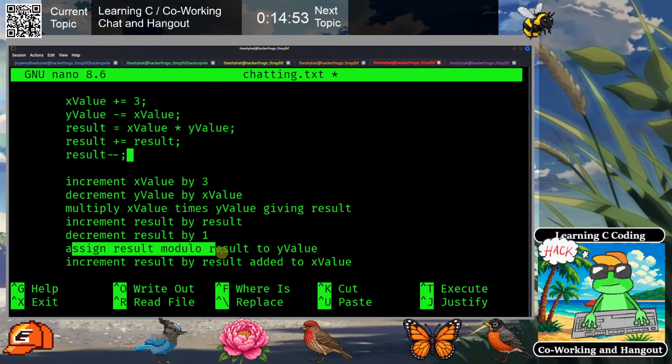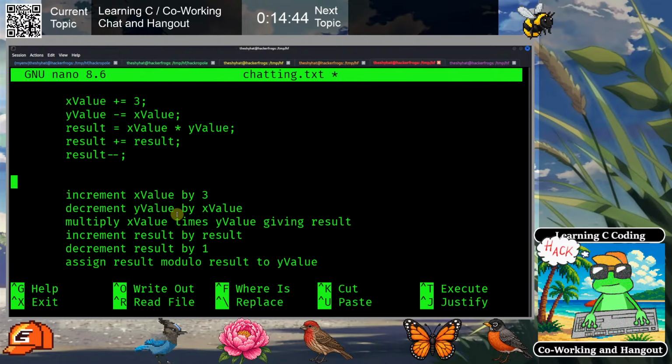Assign result modulo result to... Wait, assign result modulo result to y value. Okay, so that means y value equals result modulo result.